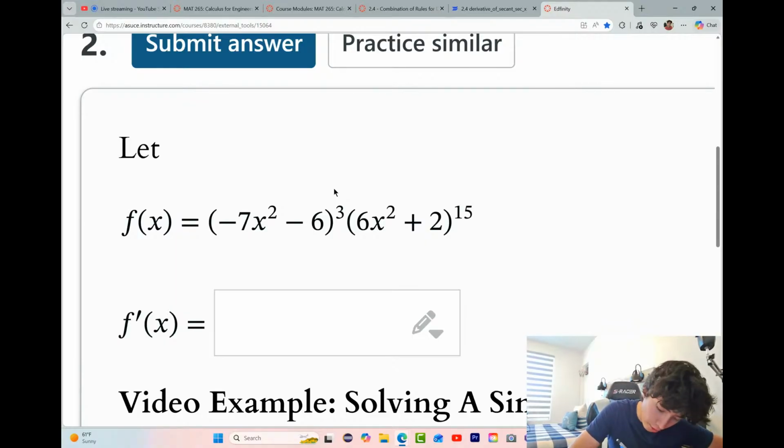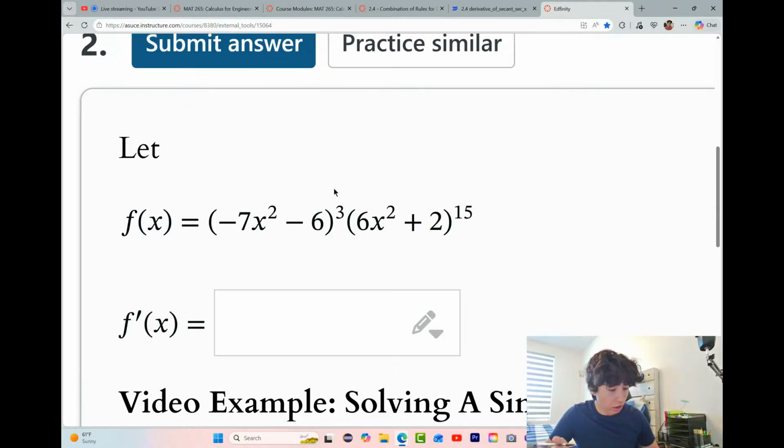Negative 7x squared times negative 7x squared: negative 7 times negative 7 is 49, so 49x to the power of 4, plus 7 times 6, what is 7 times 6? 42x squared plus 42x squared plus 36. That's what we get. Okay, that's quite long.